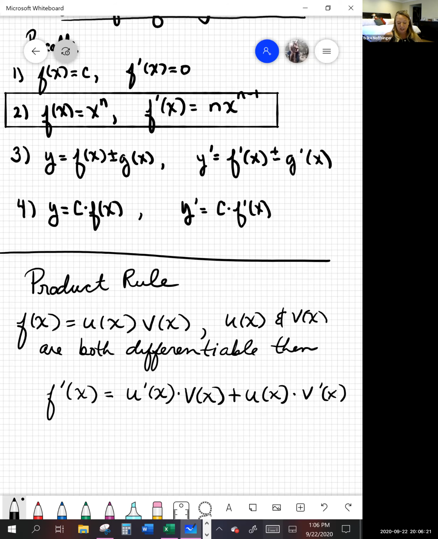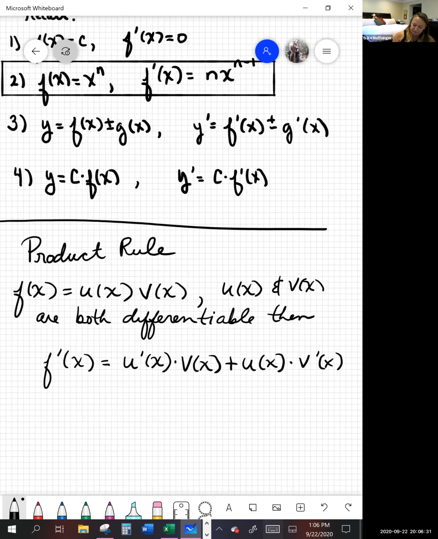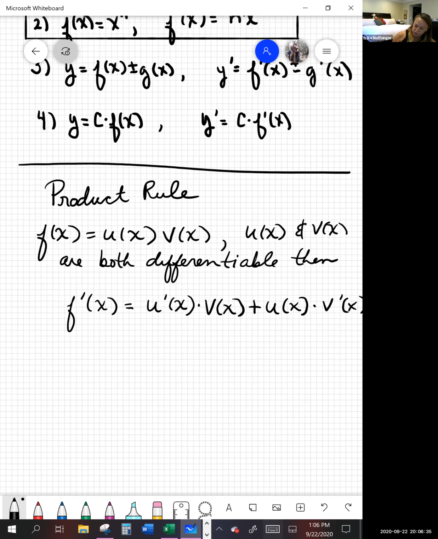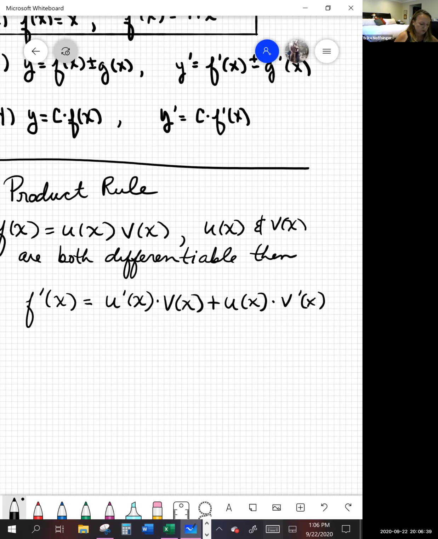So my notation might look a little different than what your book did. I put in u of x like a function, f of x like a function. Your book said both u and v are differentiable.